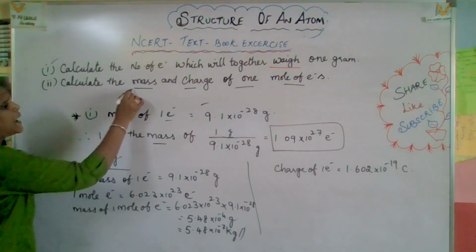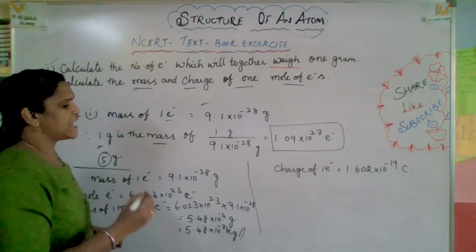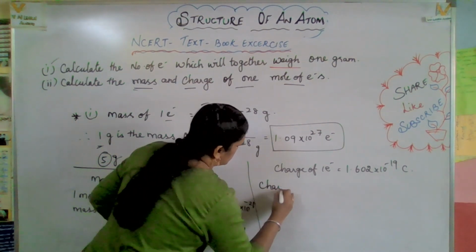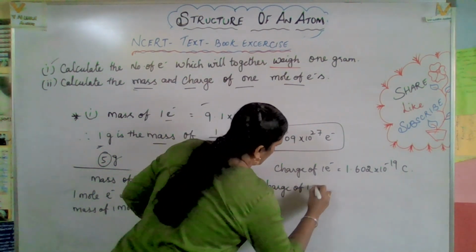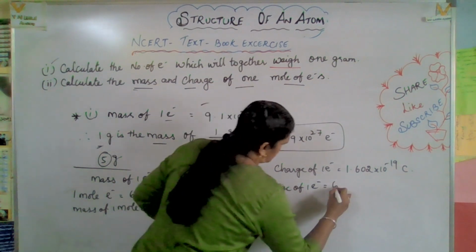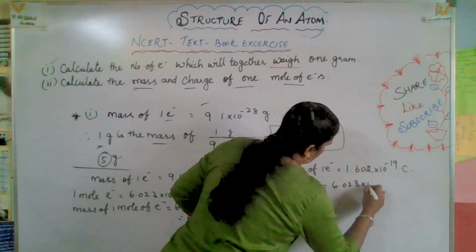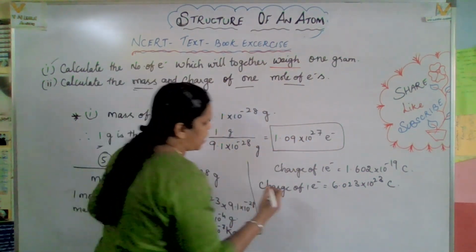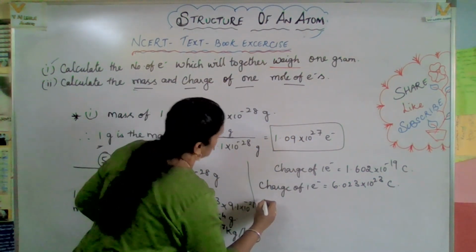So this is the mass. Now let us check the charge. Here also the same. Charge of 1 electron, how much? 1.602 into 10 to the power of minus 19 coulomb. Now let us check the charge of 1 mole of electron.